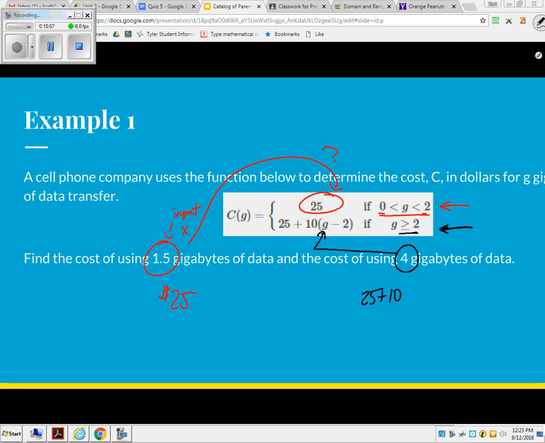It's probably going to be bigger than 25 because this means I went over my data limit. Just doing some order of operations here, and yeah, it's going to cost me more than $25. It's going to cost me or my parents or whoever pays my cell phone bill $45 this month because I went over my 2 gig data limit.